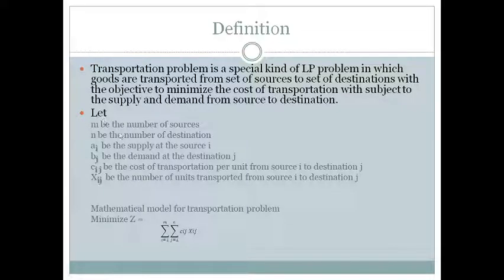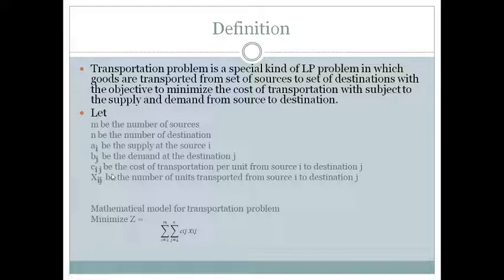We use m, the number of sources, n, the number of destinations, a of i, the supply from the sources, and b of j, the demand at the destinations where the product has to reach. c of ij is the cost per unit of the product we are transferring from source to destination.